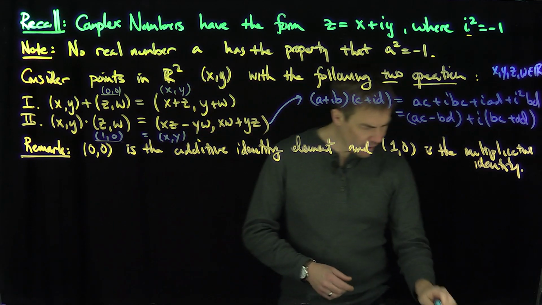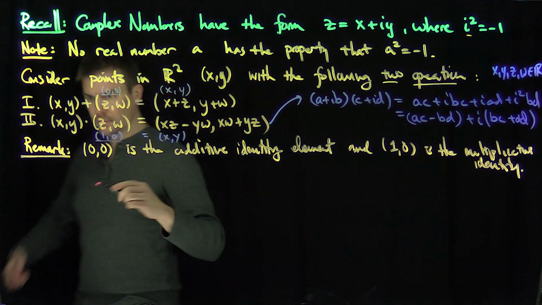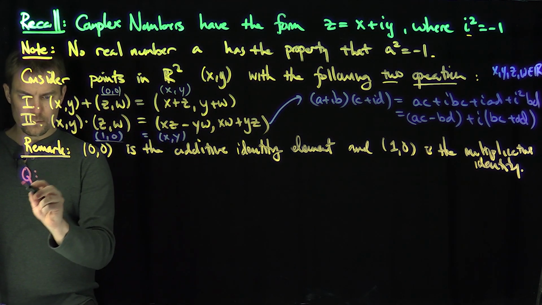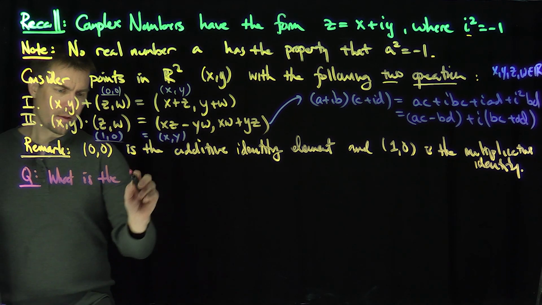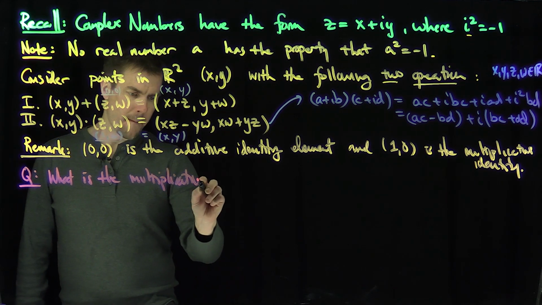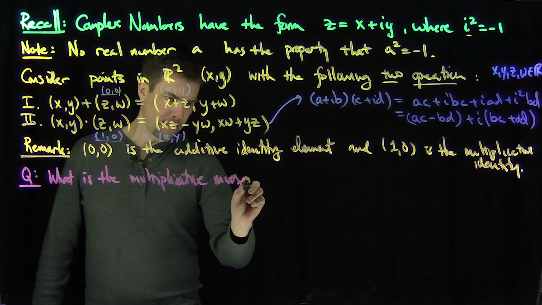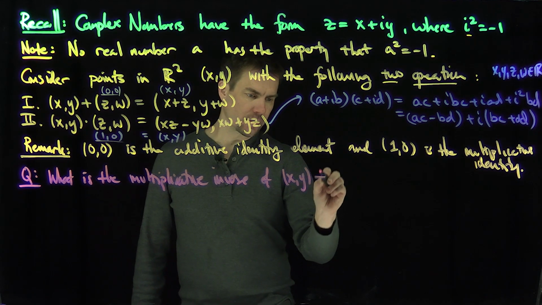Great. All right, so now here's the question. With this structure, how do you find the inverse, right? So question: what is the multiplicative inverse of a point (x, y), which is not (0, 0)?